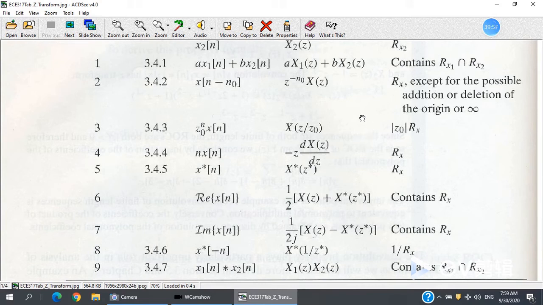I can use an example. Suppose I have a signal y of n minus 1/2 y of n minus 2 equal to delta of n. Suppose this. Then what is y of n? I perform the z transform.